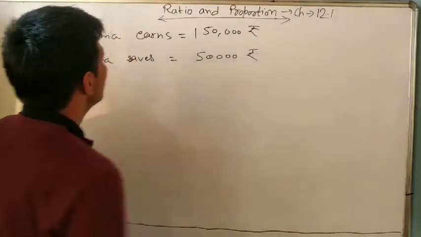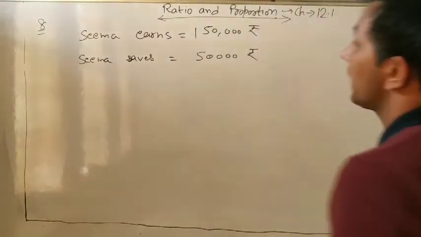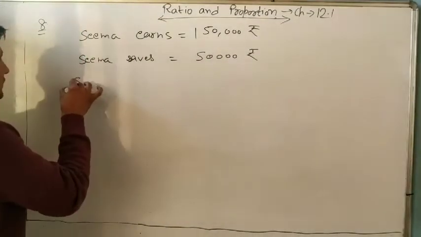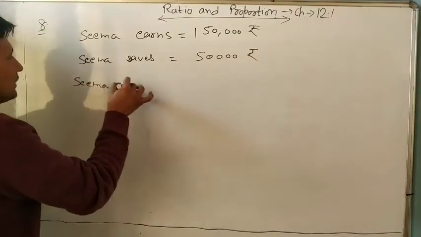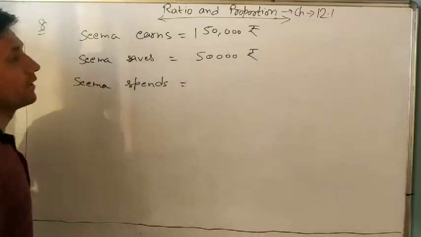And tell me, if Seema earns 1,50,000 and she saves 50,000, how much is she spending? How much does Seema spend?